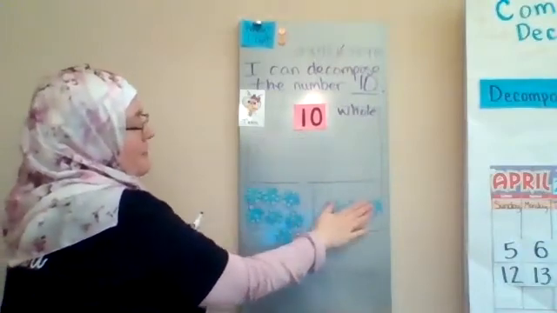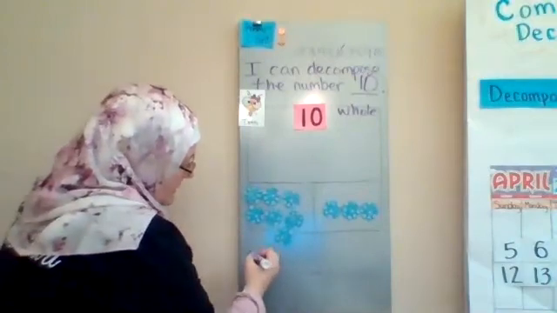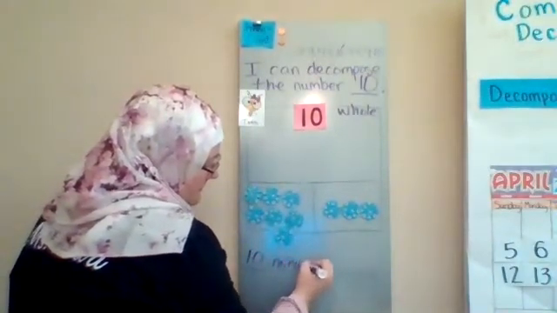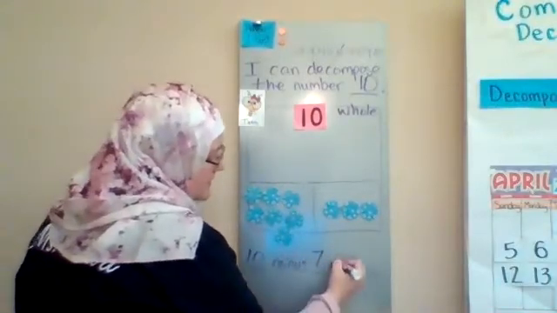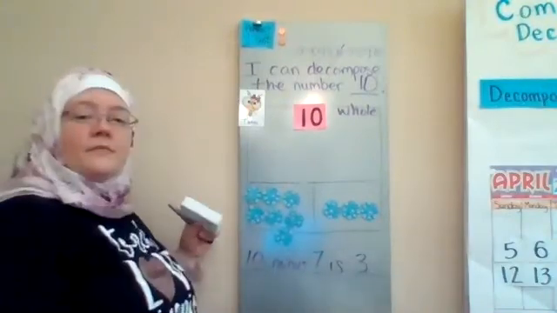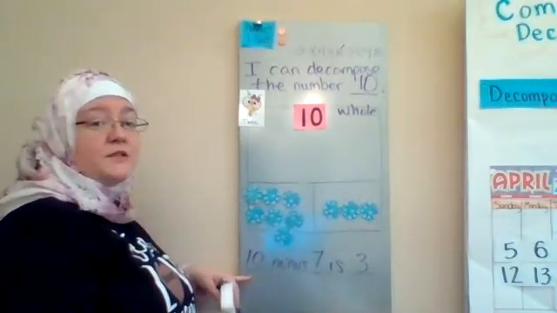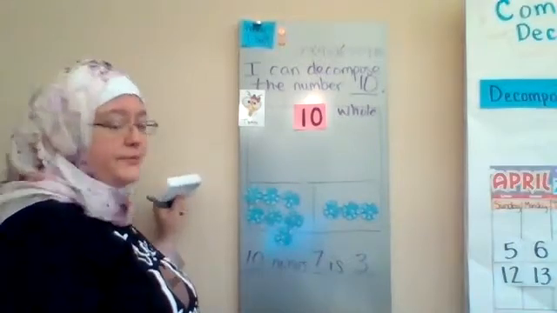That's right, 3. 1, 2, 3. 10 minus 7 is 3. Very good. You can have a lot of sentences by the time we're done, but make sure that you write it for each one of the problems that you do.